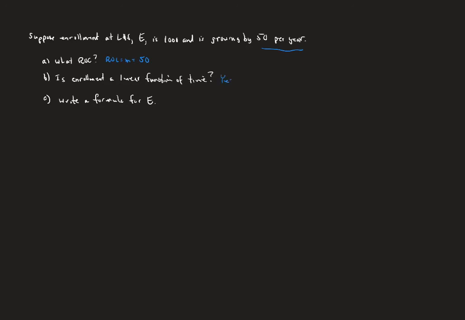Yes, because that rate of change was constant. Then, thinking in terms of y equals mx plus b, the enrollment is going to be our rate of change, 50t, plus the 1,000 that we had at time 0, which is right now. And so there is our equation.